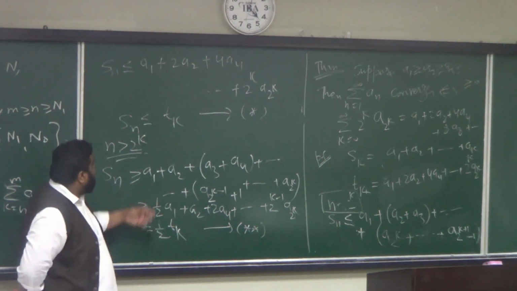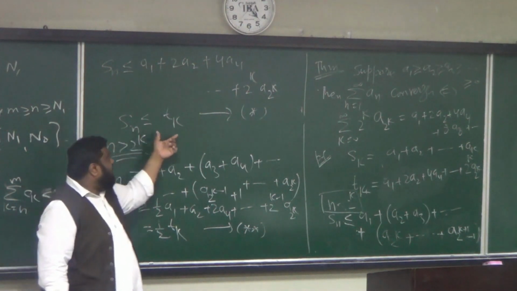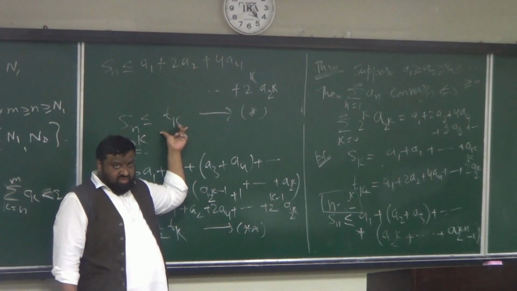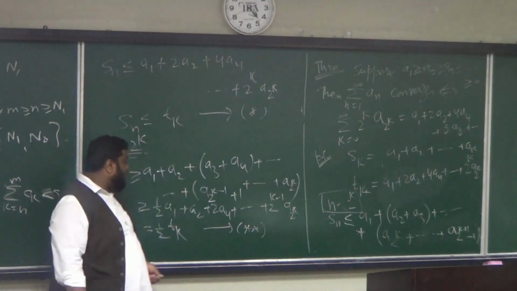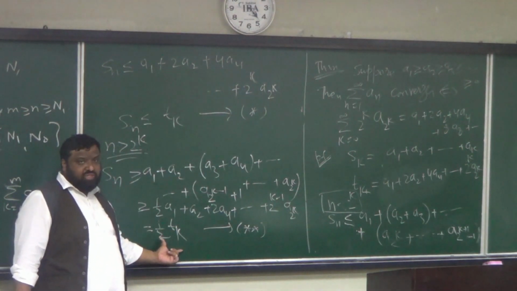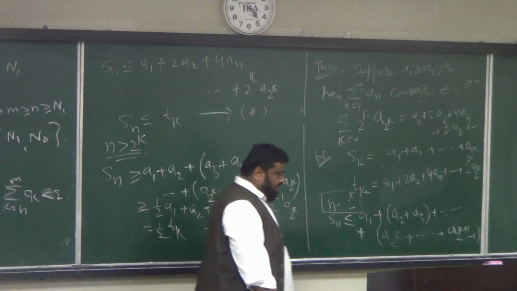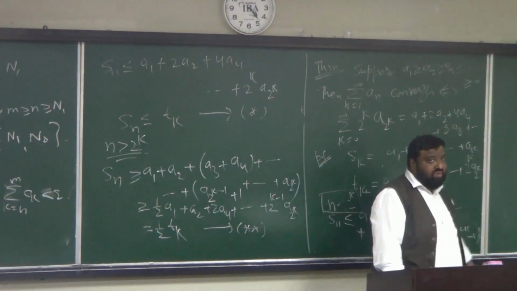Just like we are saying, here we are saying that the partial sums of A_n are less than or equal to the partial sums of T_k. And here you are saying that the partial sums of A_n are bigger than or equal to the partial sums of A_n. So my point is, how is this result going to follow?